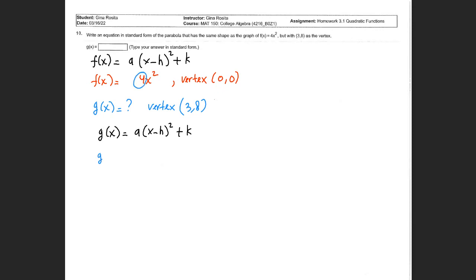So we can write g of x equals 4 times x minus 3 squared plus 8, with h equal to 3 and k equal to 8. This is the answer. Now number 11.